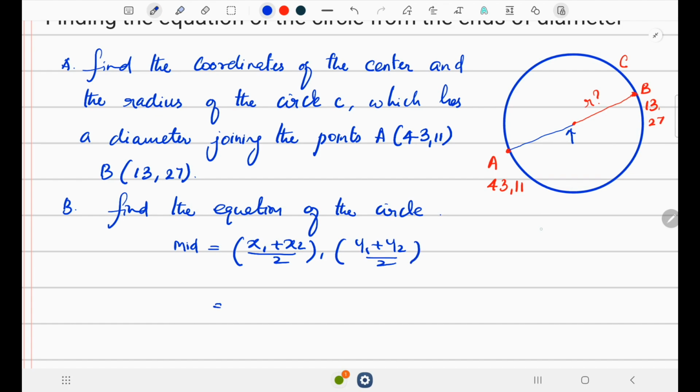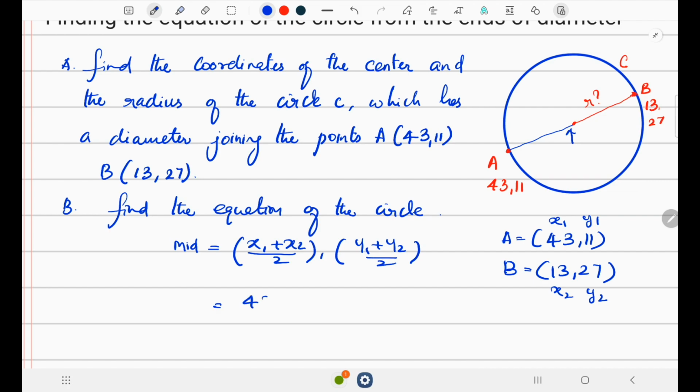So we have 2 points here: A equals (43, 11), and B equals (13, 27). So here this is x1, y1, x2, y2.